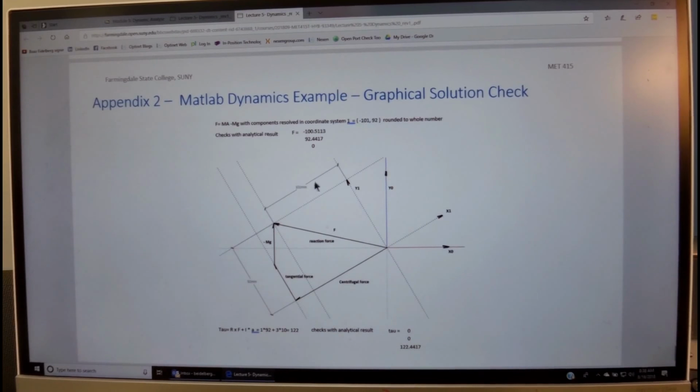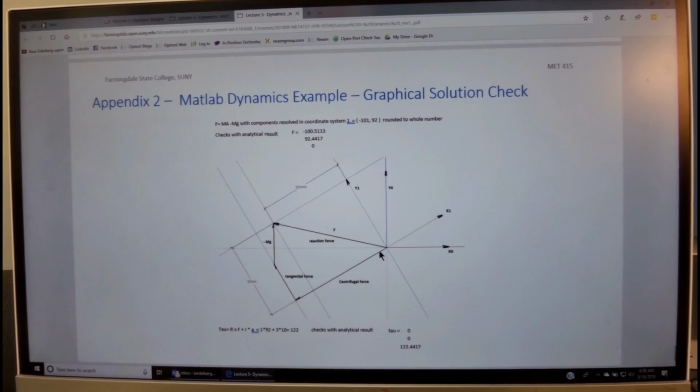The sum of all of them is the total reaction force. And then we can resolve it into the body fixed coordinate system, and we find over here minus 101 millimeter, and we check that with the analytical result, which is 100.5, very close.